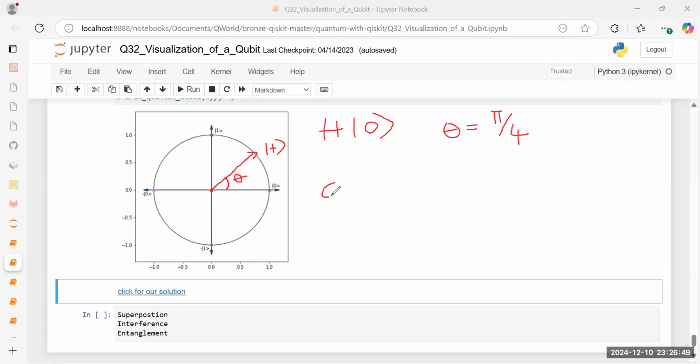So we have cos pi over 4, which is 1 over root 2, and sine pi over 4, which is 1 over root 2.